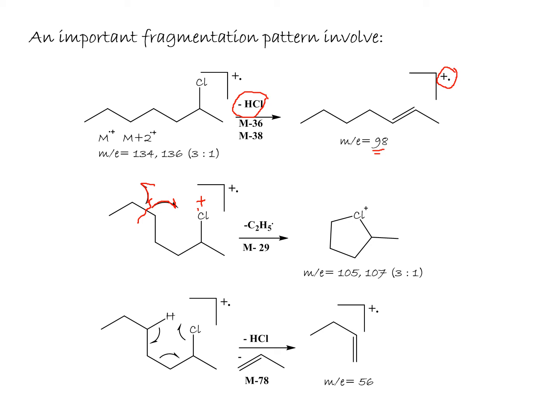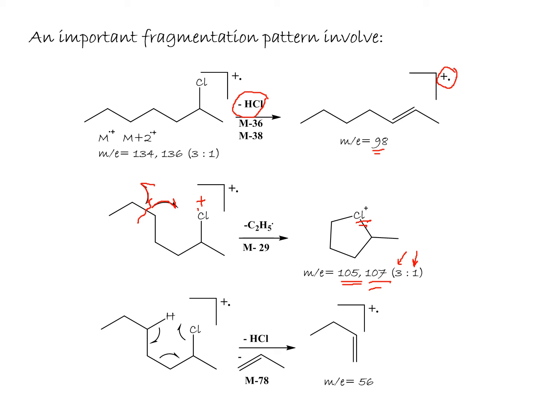Since this species contains Cl, you are going to see M over E and M over E plus 2 for the species. So you will see 105 and 107 in a 3 to 1 ratio, indicating the presence of Cl in this species.